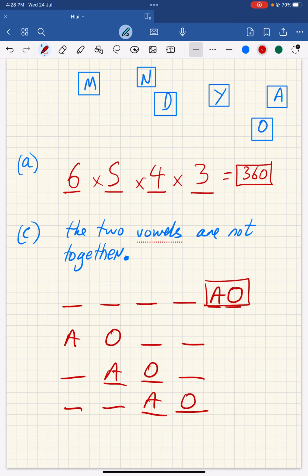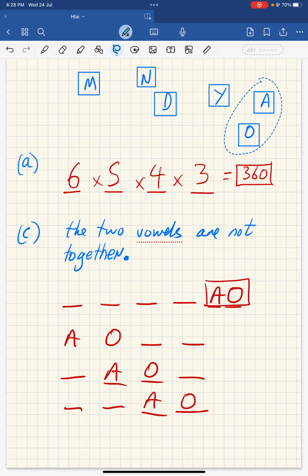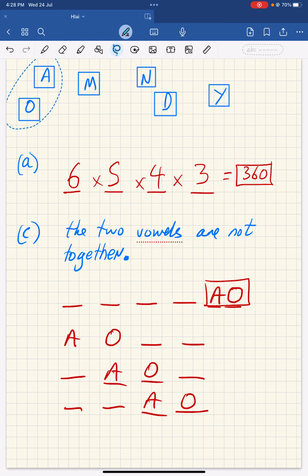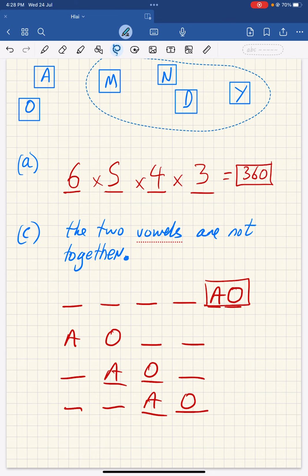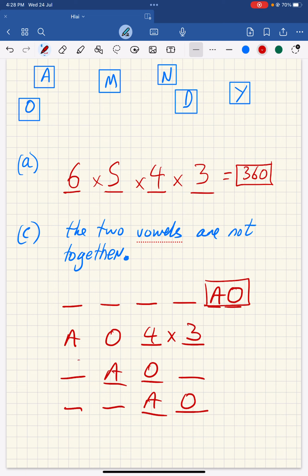Now you can clearly see that once we've used the O and the A up here, in each of these, we've already got 4 letters to position in the 2 remaining places. So wouldn't that be a 4 times 3 in here? Wouldn't that be a 4 times 3 here and a 4 times 3 here? So isn't that 12 different positionings of A and O together with 2 of the consonants?